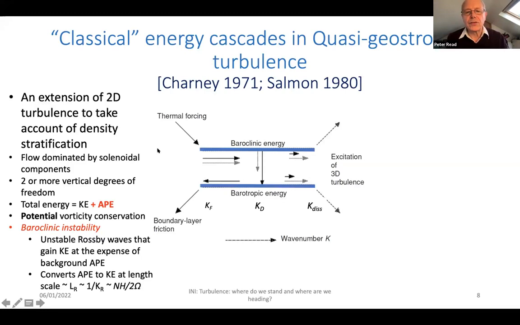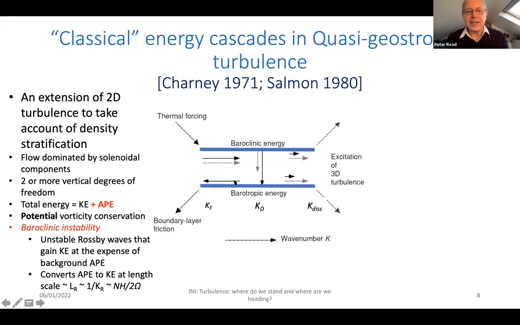So we have a schematic idea of how the turbulent cascades might work in relation to both baroclinic energy and barotropic energy, with the idea that baroclinic instability converts baroclinic potential energy into kinetic energy at around this favored scale, this deformation radius scale.